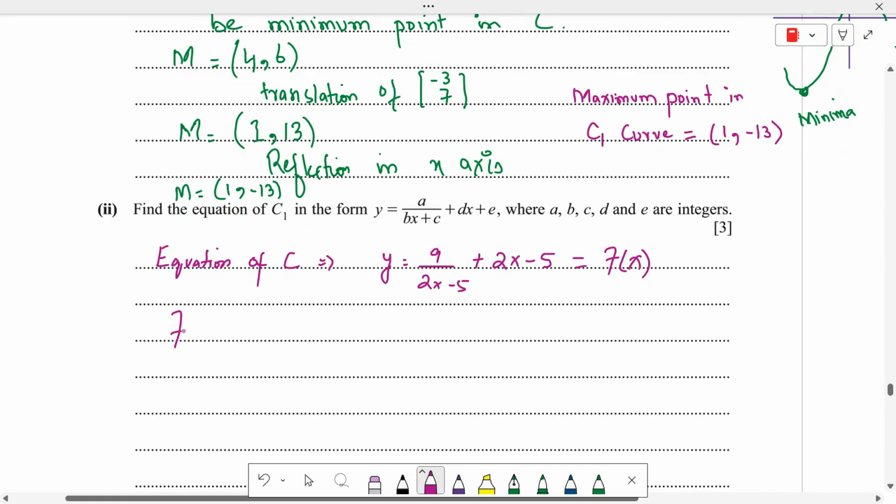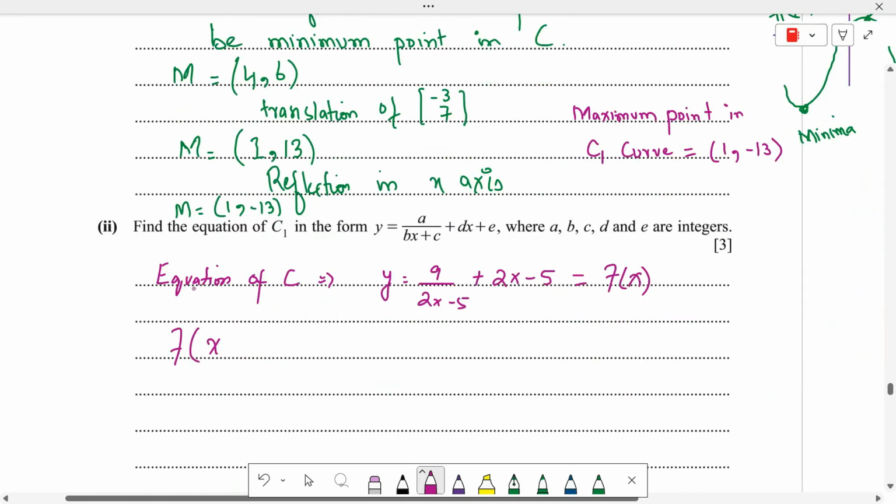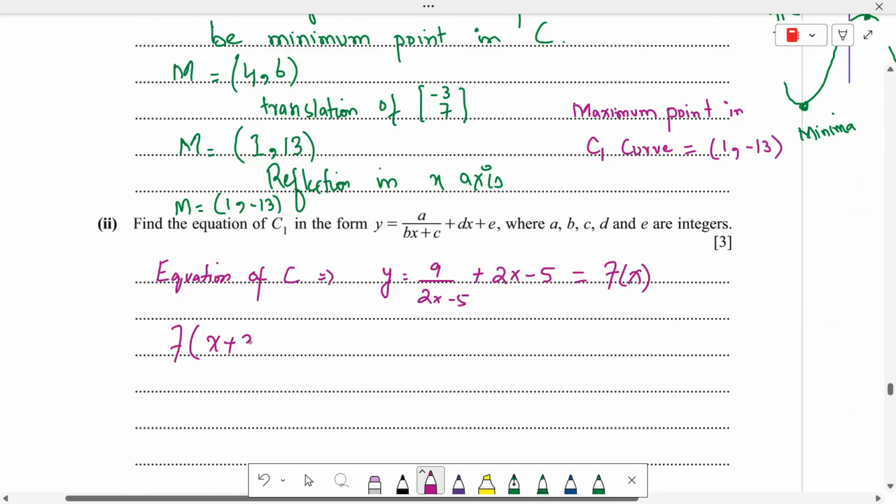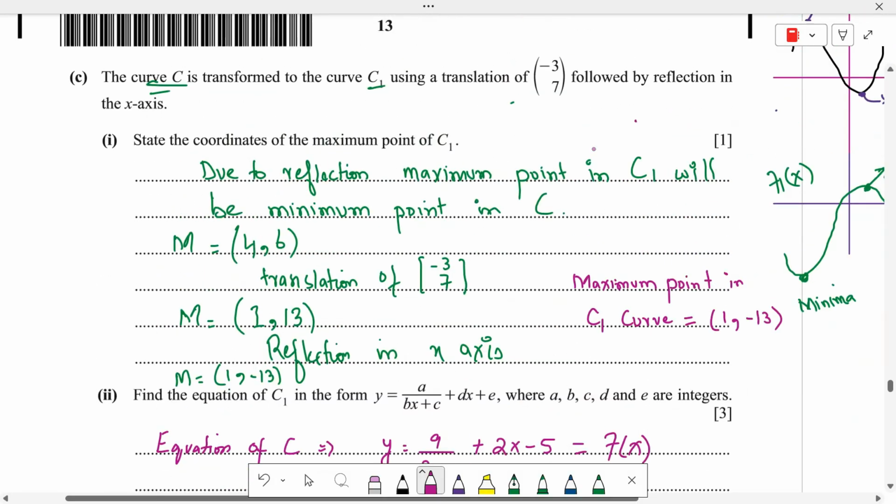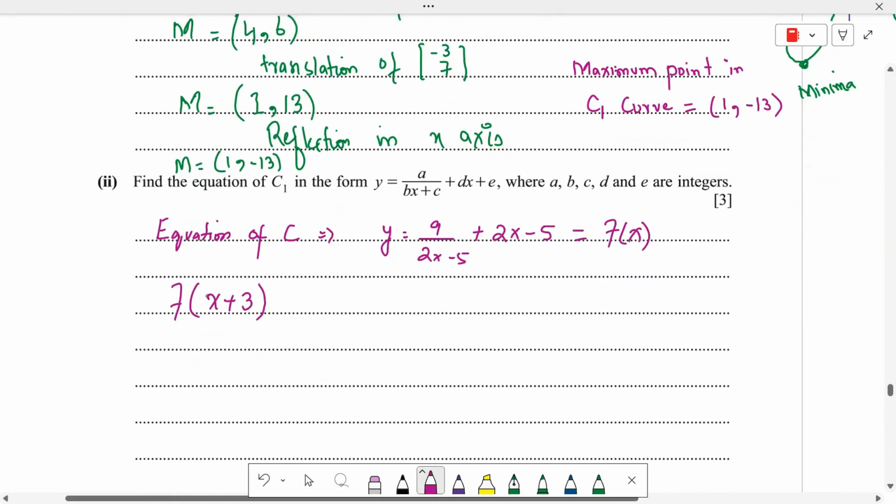So this will become f of (x plus 3), since the translation is -3 it will be plus 3, and the y-axis part will remain the same, so this one will be 7.